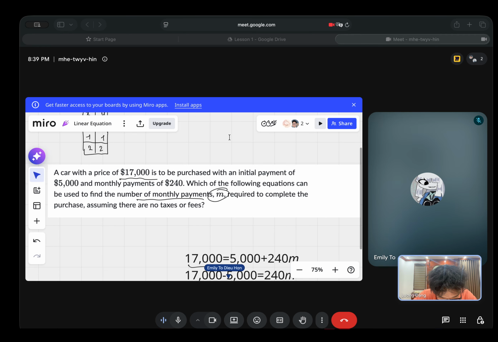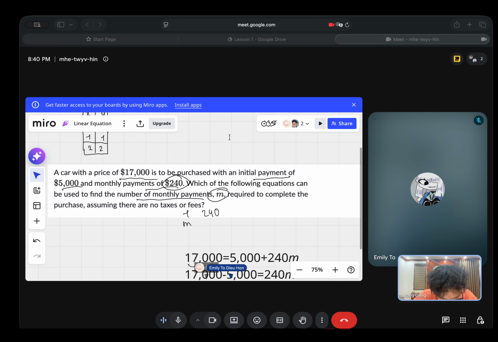And here we have the initial payment of 5,000 and monthly payments of 240. So each month we have 240. So after 1 month, we have to pay $240.